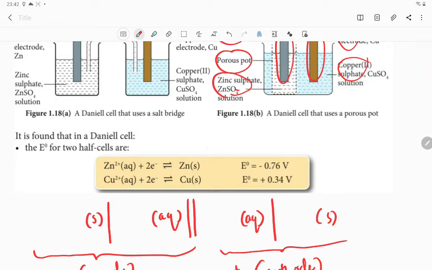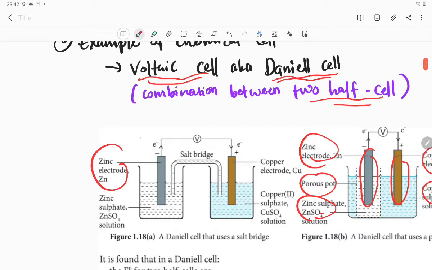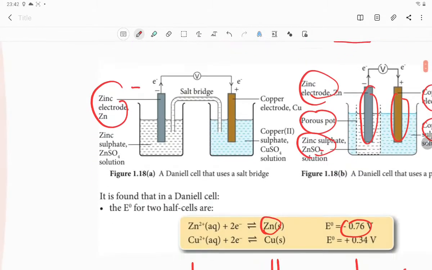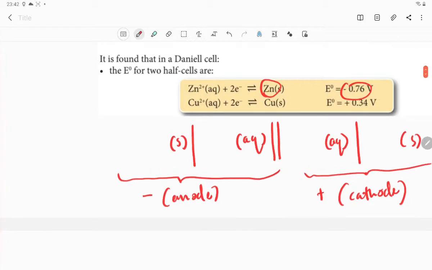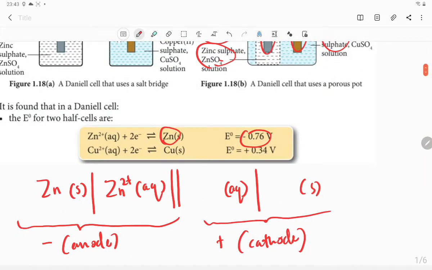So the E0, the electrode potential of zinc is more negative than copper. So this zinc become negative terminal. So just put zinc electrode here and salt that contain zinc 2 ion, and then the other side will be copper 2 ion, and then copper electrode.